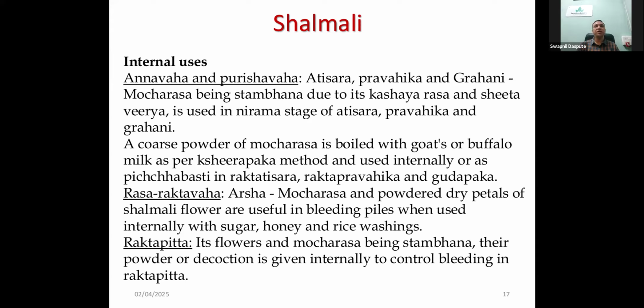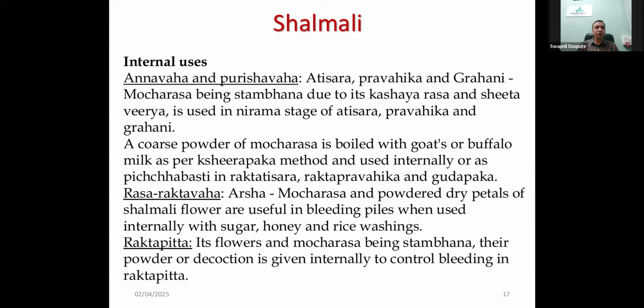Whenever there is Ama going out, we know that we do not do Stambhana, we do Dipana Pachana, and the Sangrahan automatically happens. However, when there is Nirama stage of Nirama Atisara, Nirama Pravahika or Nirama Grahani, Mocharasa can be used.